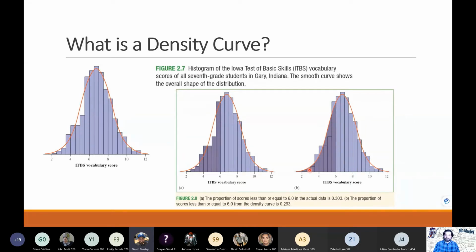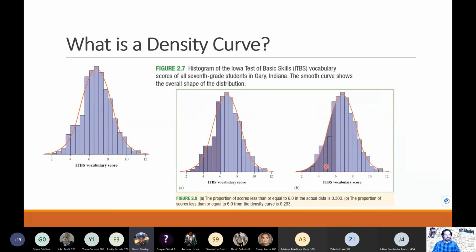We're not going to do that. You will not be expected to show your work on how to calculate the area under the density curve. That's not going to be expected. There are tables of values that we use to do this, and that's how this was determined.